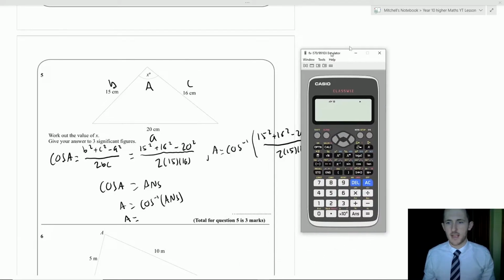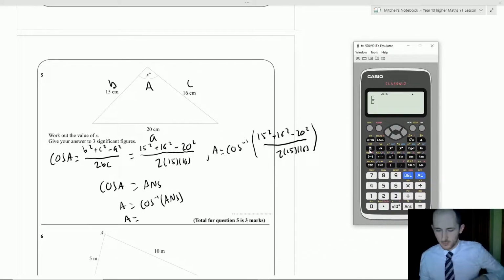So if I do this in steps, again, if you're braver than I am, you're more than welcome to do it. So 15 squared plus 16 squared minus 20 squared over 2, 15, and 16, right? So again, equals, that gives me that, cool. And then remember, I can use the answer button, which is exactly what I wrote here.